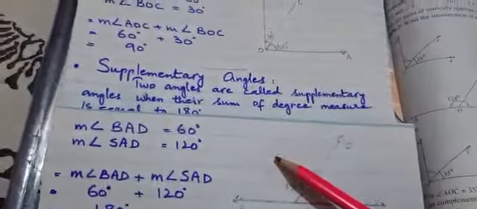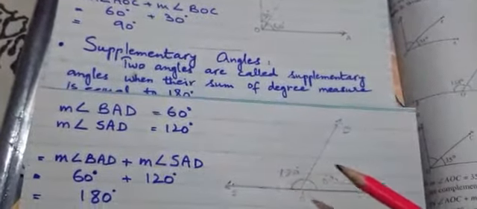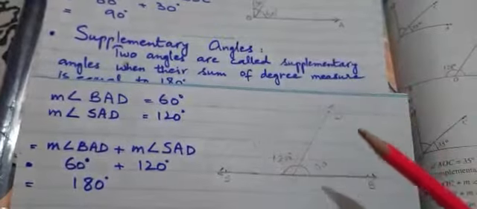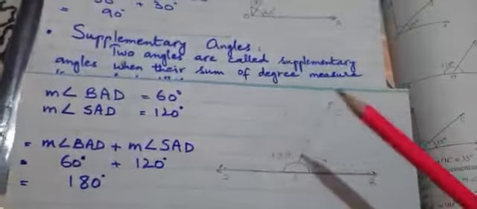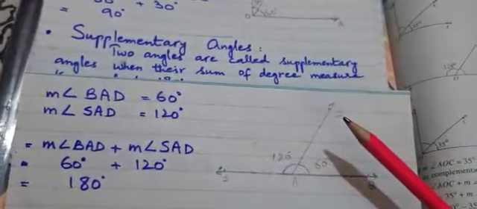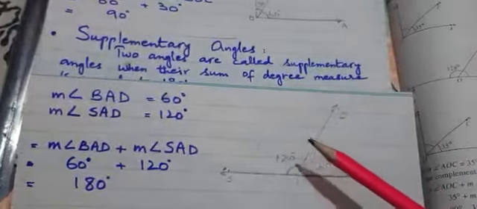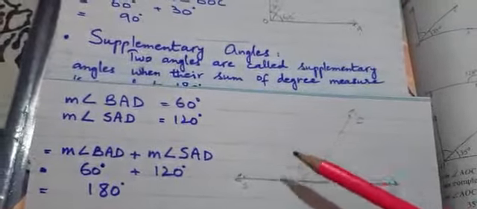Similarly, you can find many more supplementary angles, like 30 plus 150, or a different pair of supplementary angles. So in this way you have to learn them.